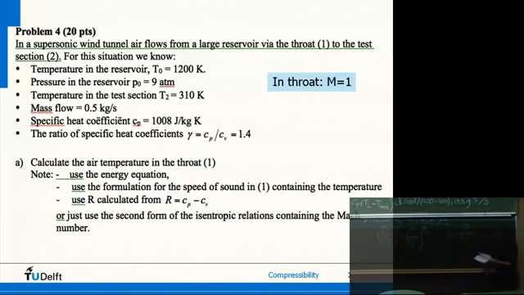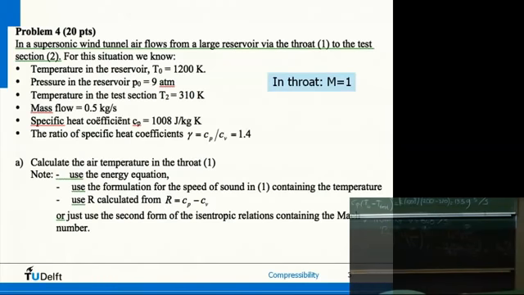So let's do that first. Then rho 0 is equal to the pressure, 9 atmospheres, so 9 times 1.01 times 10 to the power 5, divided by R, 288, times the temperature in the reservoir, 1200. So then we find the density in the reservoir to be 2.64 kilograms per meters to the third.